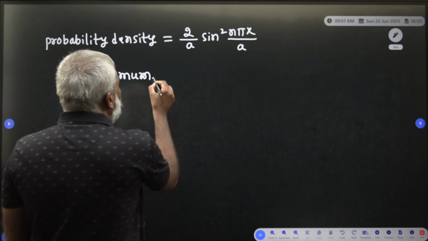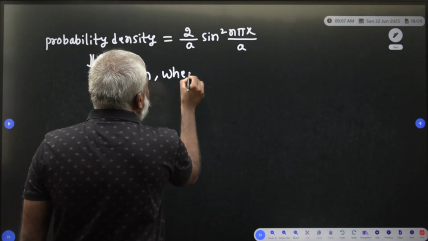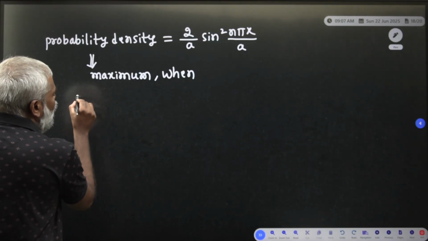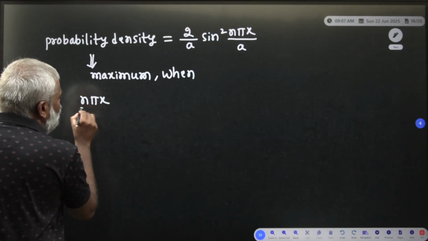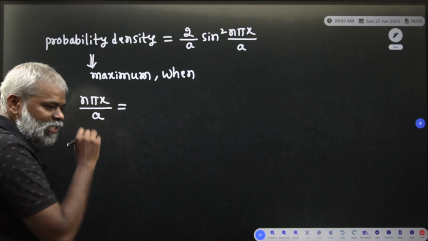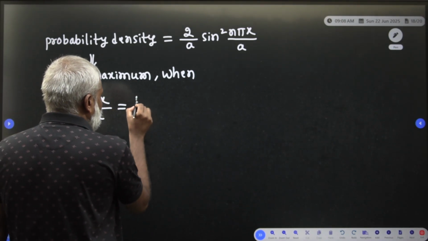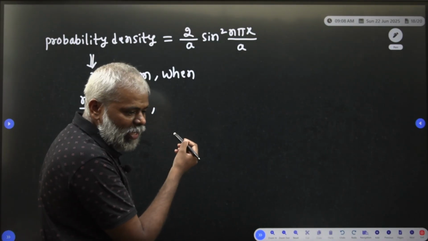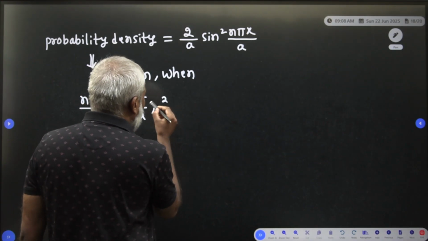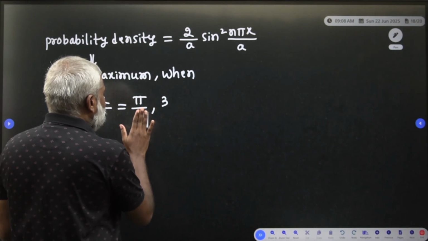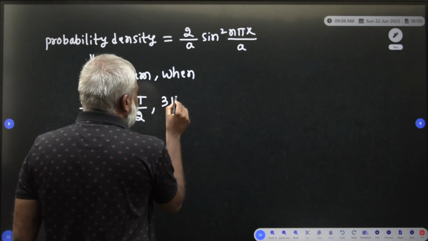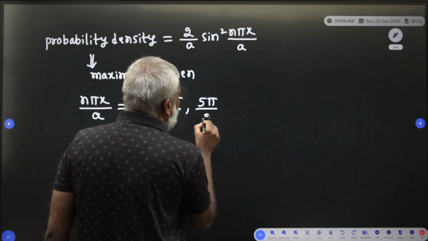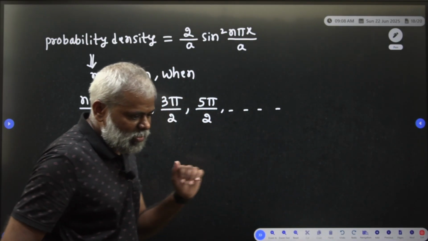It is maximum when sin(nπx/a) is equal to 1, that is, when nπx/a equals π/2, 3π/2, 5π/2, and so on. So this is the maximum condition.